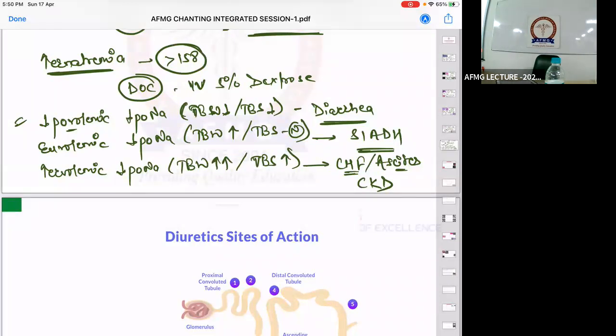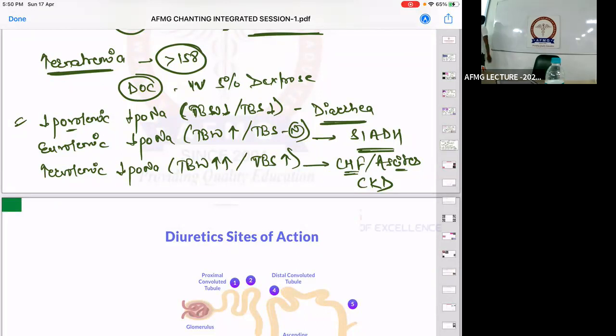Next, if the total body water is increased and total body salt is also increased, but it is a disproportionate rise, it would lead to hypervolemic hyponatremia, and the causes can be CHF, ascites, CKD.